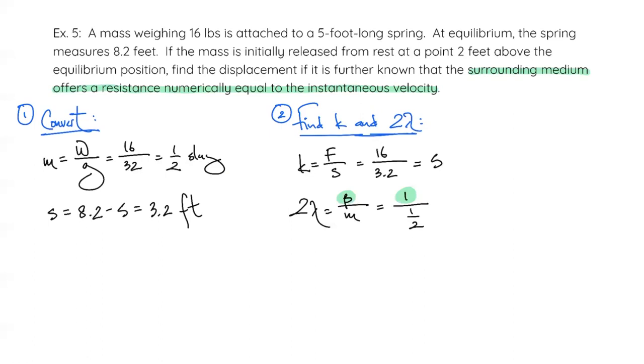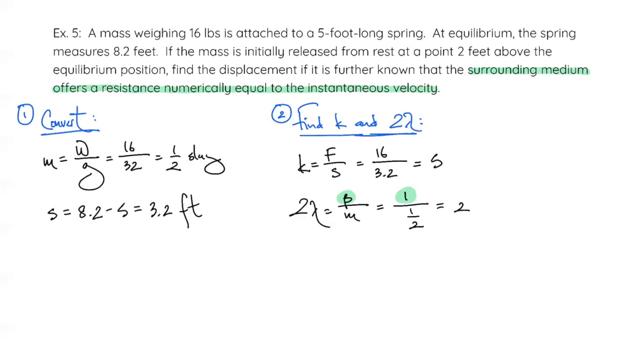Or if it offers a resistance that is 20 times the instantaneous velocity, then our beta would be 20. We want to be real careful here. I know that 1 divided by 1/2 is not 1/2, but sometimes when we move quickly, we lose sight of that. So it's 1 times the reciprocal of 1/2, which gives us 2.